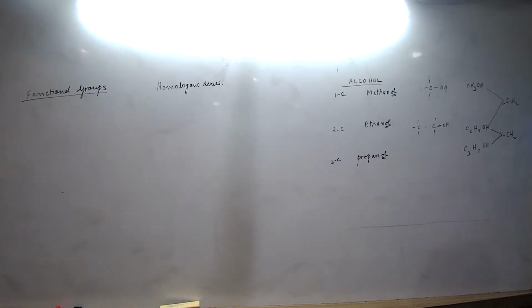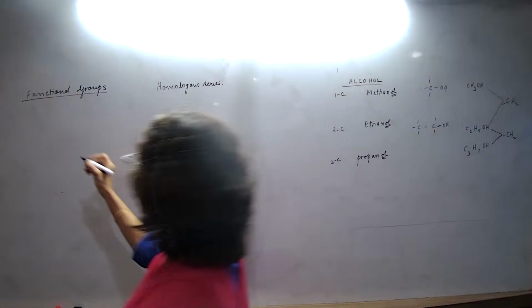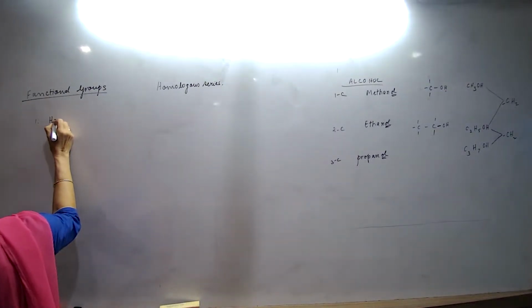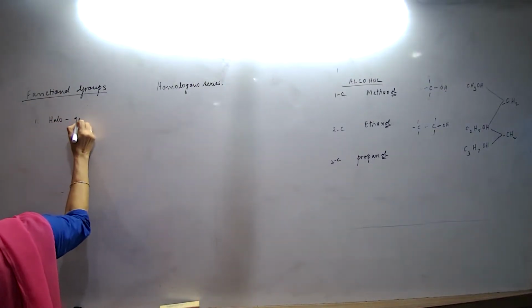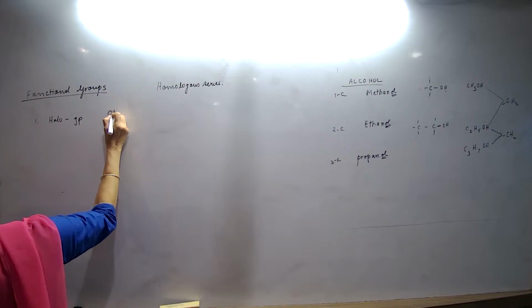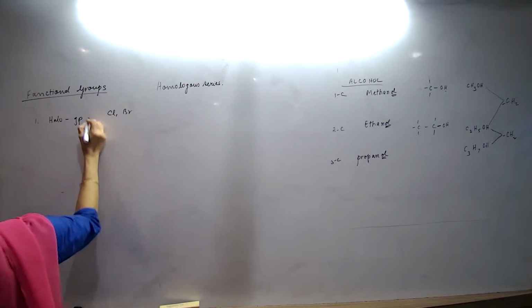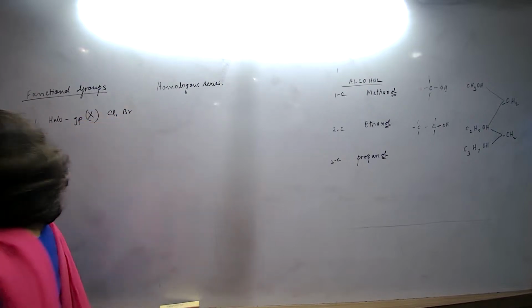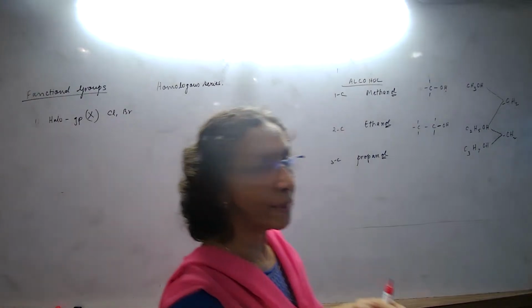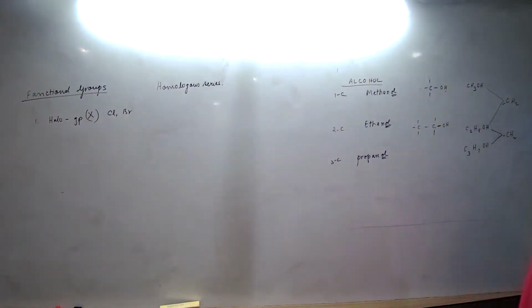The first one is the halo group. Halo means halogen, like chlorine, bromine, etc. So we usually write it as X. Chloromethane, bromomethane, that's how we are going to write.